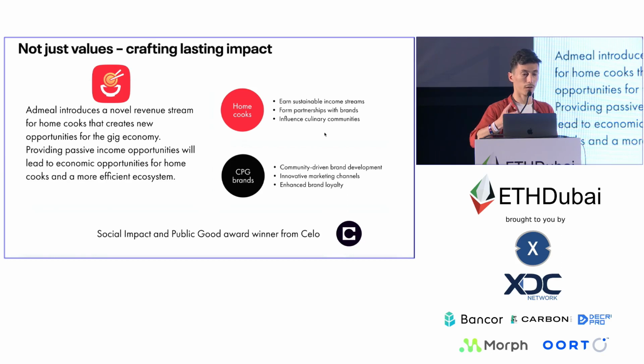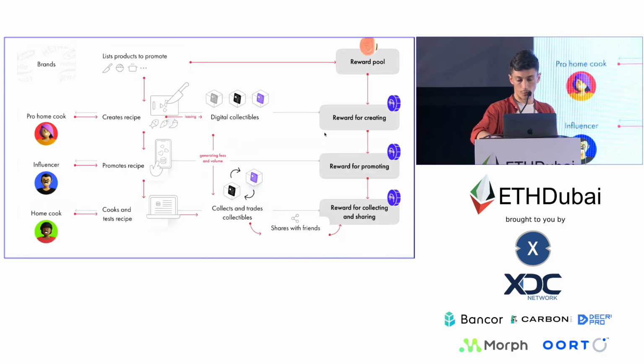This is not just about values, we're creating impact, and we already won the Social Impact Award from Celo, and we're also a verified startup on a donation platform called Giveth. So how it works: brands list their products on our platform, and then home cooks can create a new use case or recipe for their product, and influencers can promote it and start getting revenue from promoting this recipe.